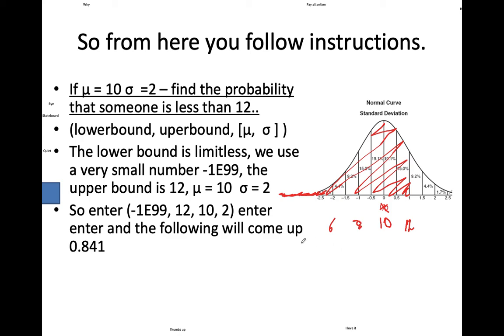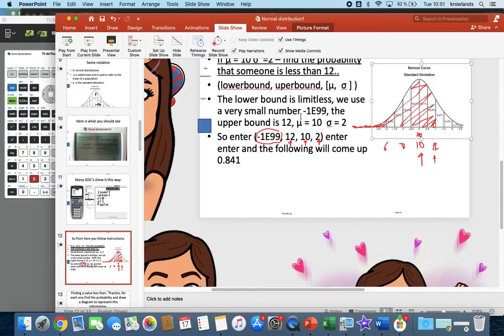So this is why we have to select a lower bound which is really, really small, because this doesn't necessarily just refer to positive numbers. We know the upper bound is 12, which is why we put the upper bound. We know that mu, or the mean, is 10, and we know that the jumps in the standard deviation is 2. Excellent. So let's go back to the calculator.